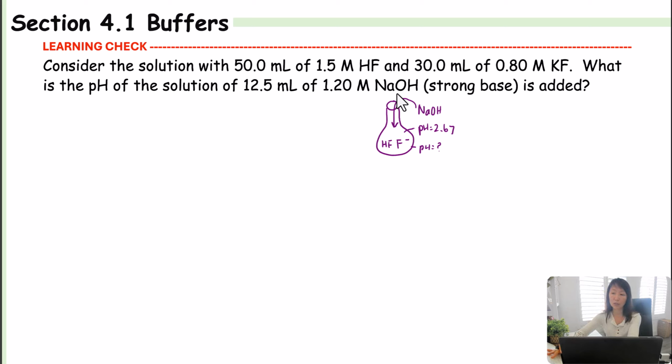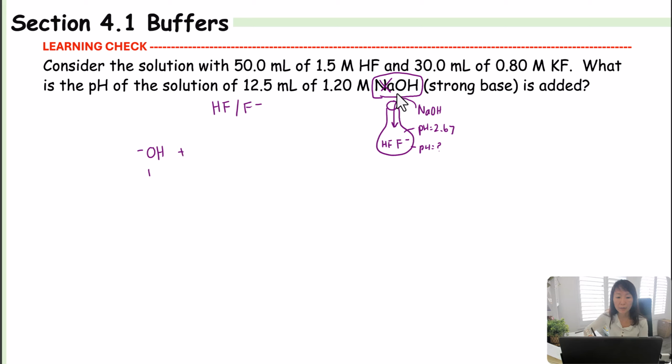So we're going to set up an equation, and we look at the base first and determine which one is a spectator ion and which one is going to participate in the reaction. We know that sodium is a spectator ion, so we take that out. We have a buffer solution with HF and F minus. Which one is the base going to interact with?